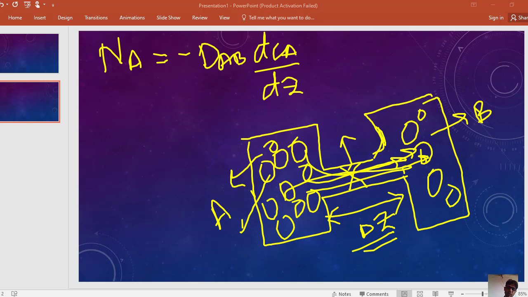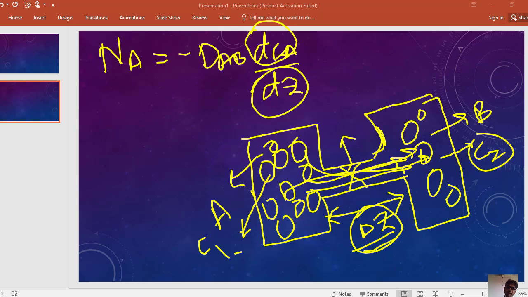The concentration here is high, suppose C1, and the concentration here is small, C2. So C1 minus C2 is the change in concentration, dz is delta z, and DAB is the diffusivity.